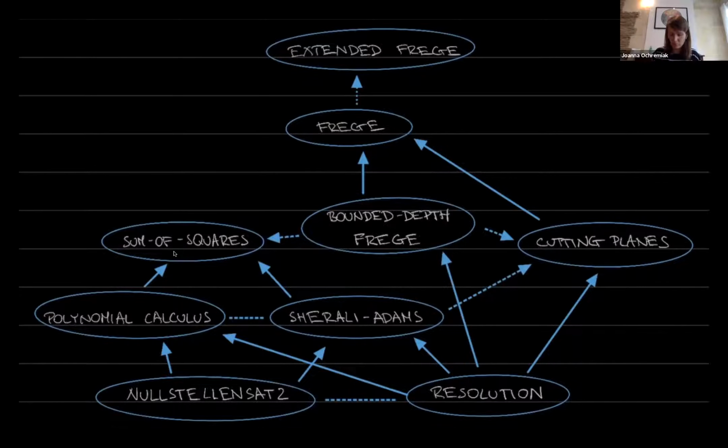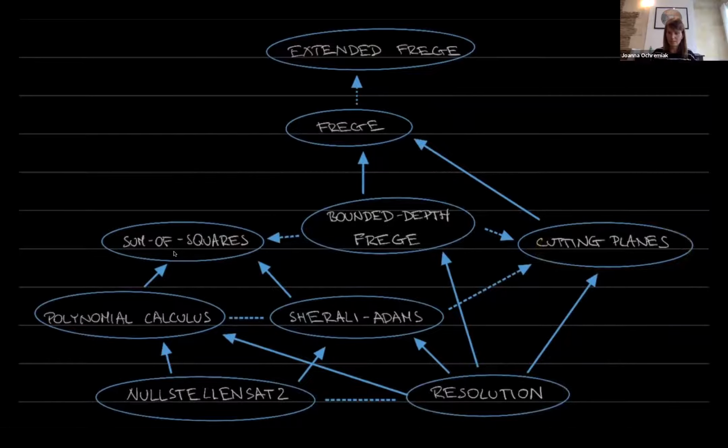So in this picture, you have arrows like this, kind of normal arrows, here and here. By this arrow, I mean that if you give me a proof in the resolution proof system, then there exists a polynomial time procedure which will translate this proof into a proof in the cutting planes proof system.